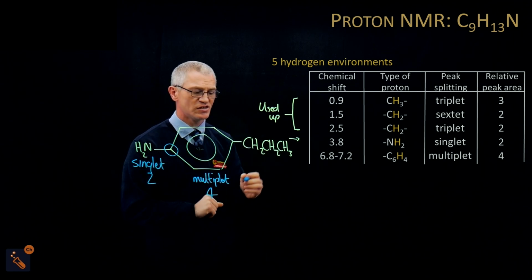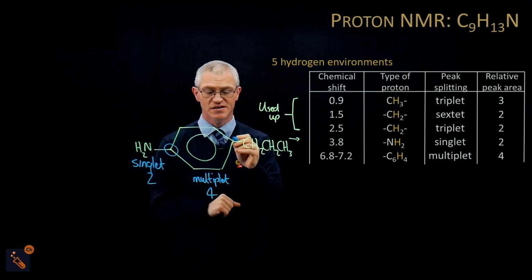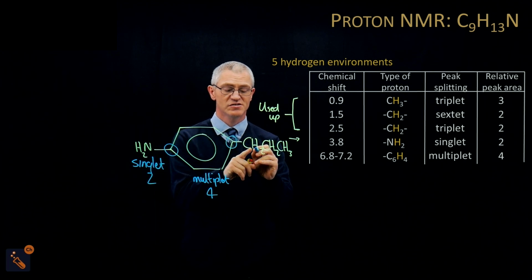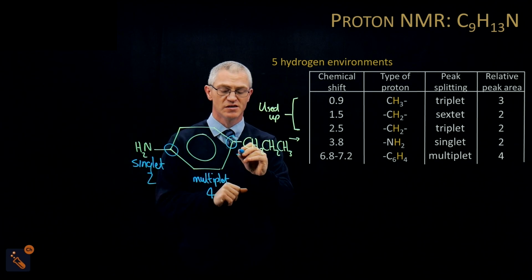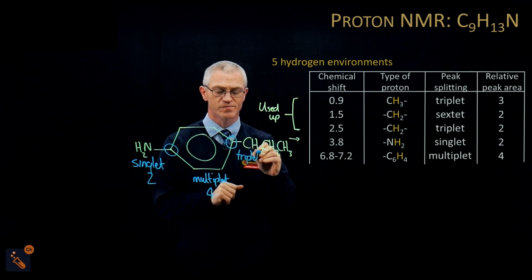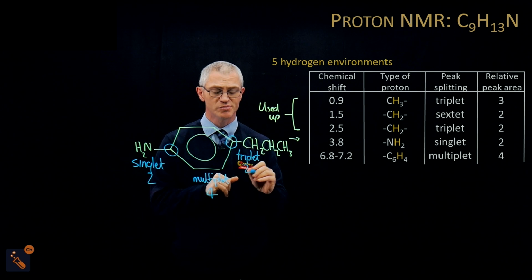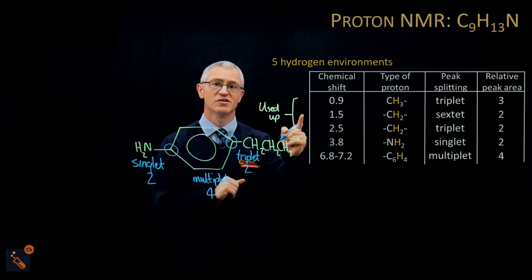Okay, we then go across here and go, right, okay, this carbon, again, has no hydrogens on it, so this means that it will peak split to form a triplet. And that triplet will be a 2 by it, so if you look up here, triplet with a 2 by it.